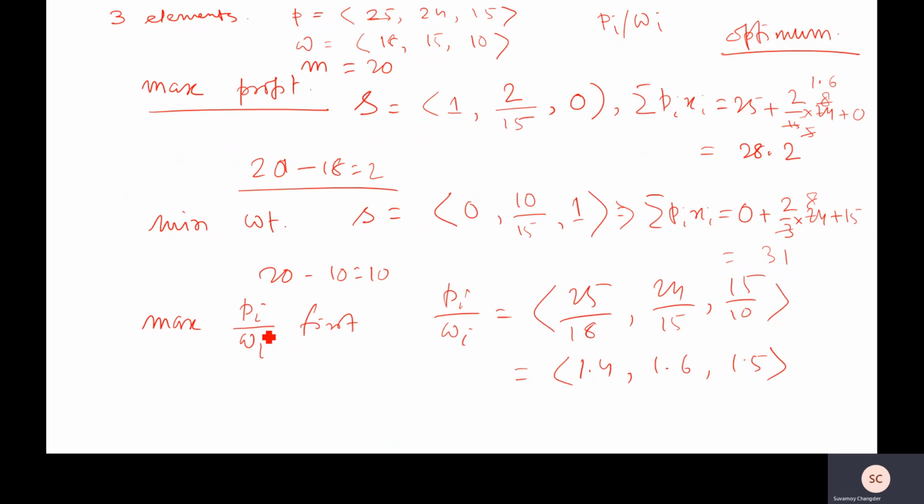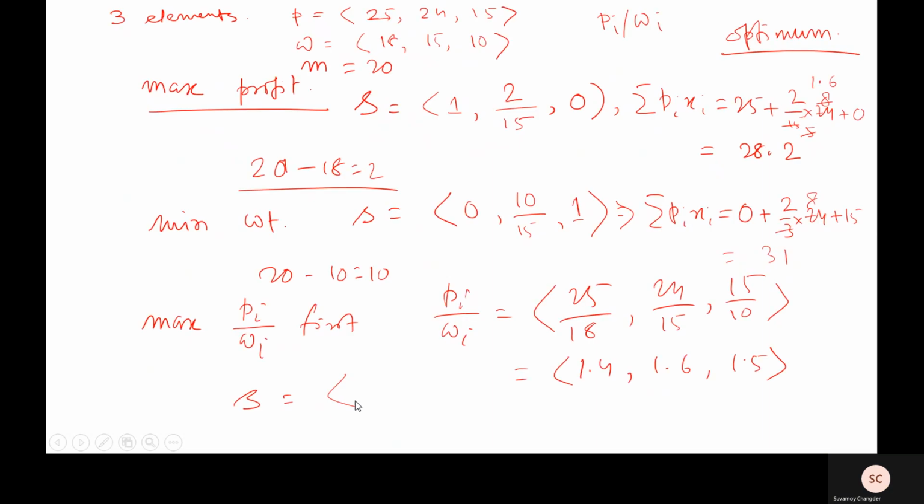So if we go for the maximum Pi by Wi ratio first, then our solution will be as follows. The second element will be selected first, 1, and the remaining capacity is equal to 5, because the weight is 15. So we will be able to select the third element as 5 by 10, that is half, and the first element is 0.